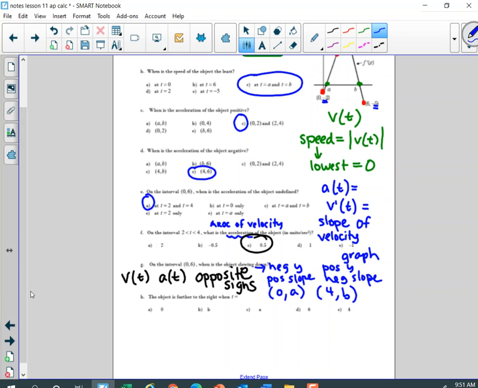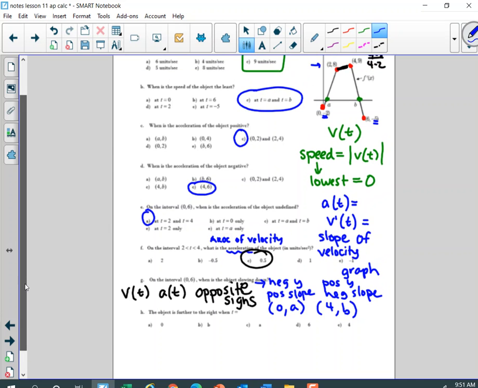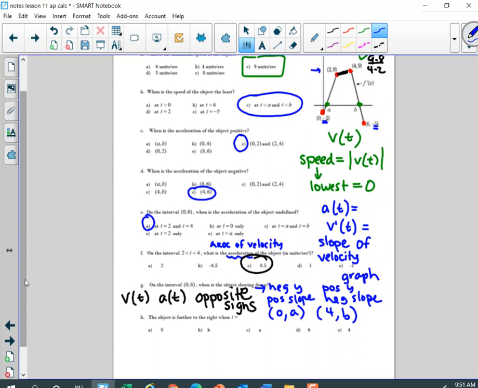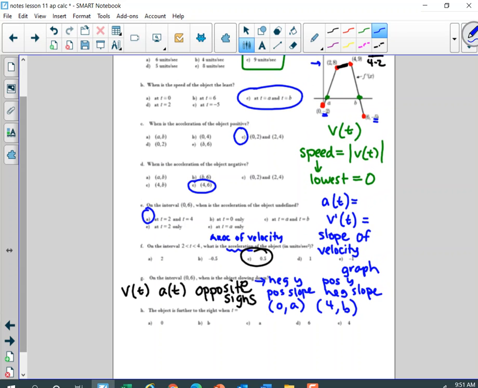Last question, being furthest to the right. This is actually, like I said before, displacement and distance and movement things that are going to be more in our next type of discussion of particle motion. But if we think about what's happening here, my velocity is negative and then positive and then negative.